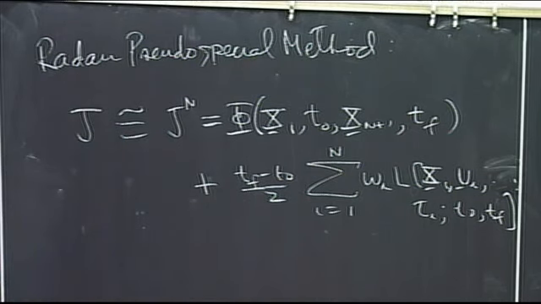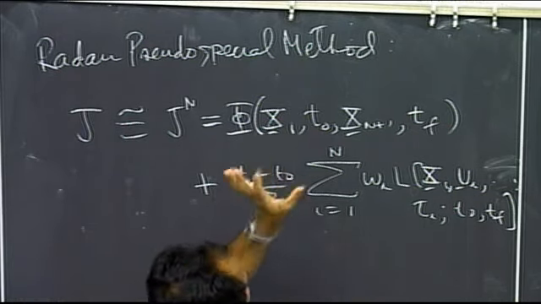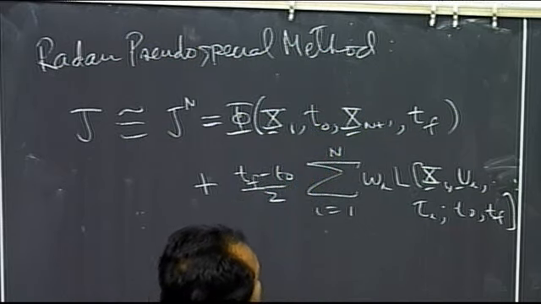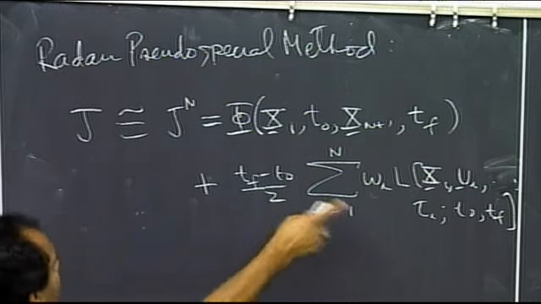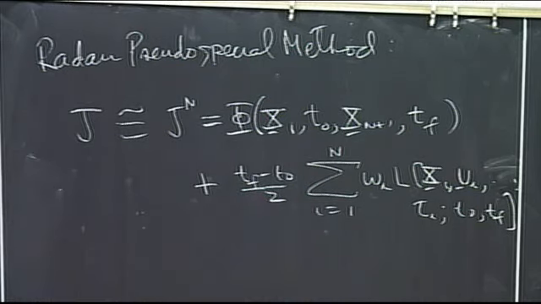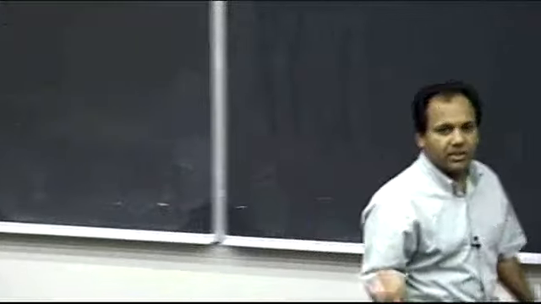That's the approximation of the cost. Now, you can see that the cost consists of an approximation to the Mayer cost plus an approximation to the Lagrange cost. These quantities right here, w_i from 1 to N, are the LGR weights. They're the weights associated with the quadrature that comes from using Legendre-Gauss-Radau. All right?